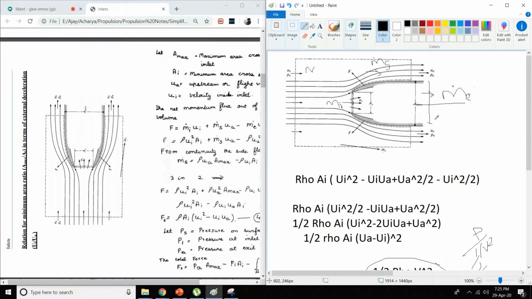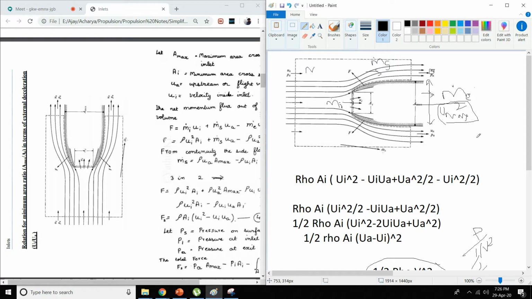This is your u max square. Depending on your A max, if A max is infinite, that becomes u max, but if it is very small, that becomes ua.